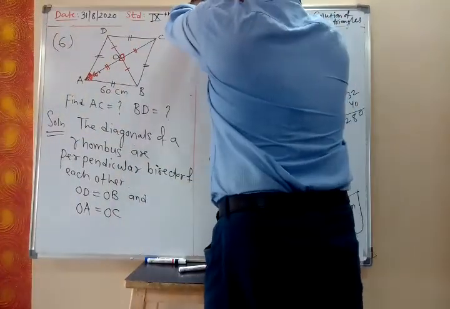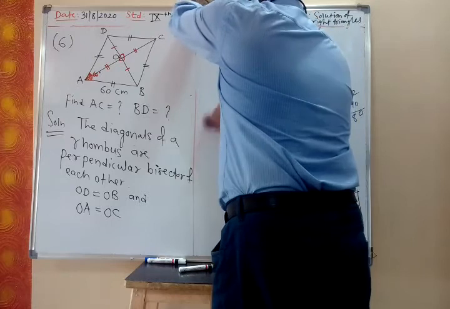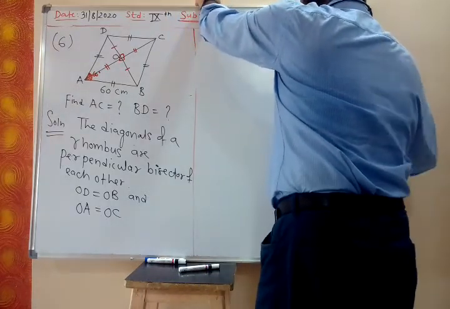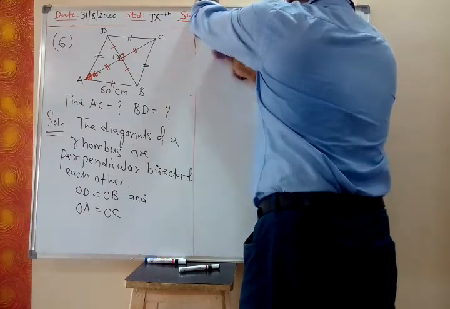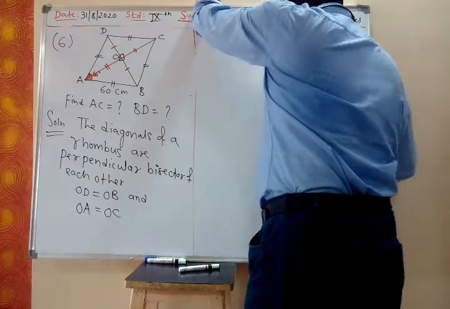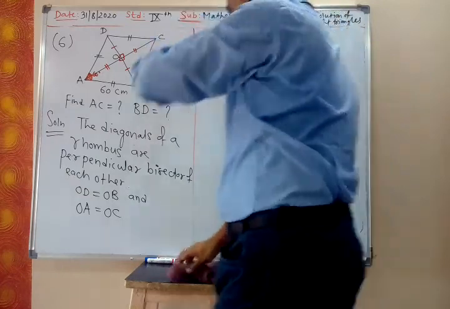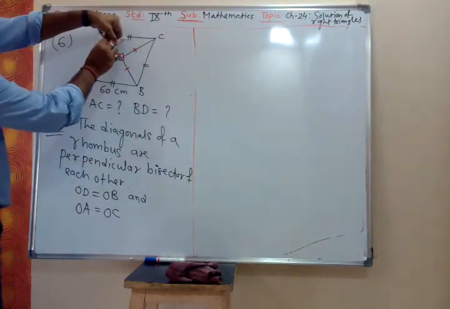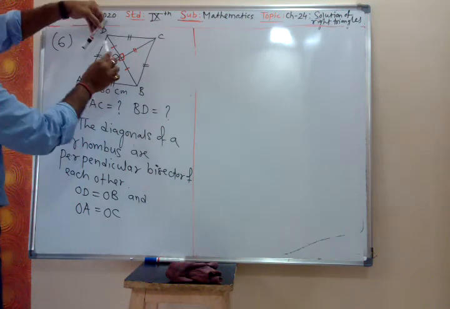Then second, perpendicular bisector means they intersect each other and make an angle of 90 degrees. This is a diagonal, this is a diagonal.